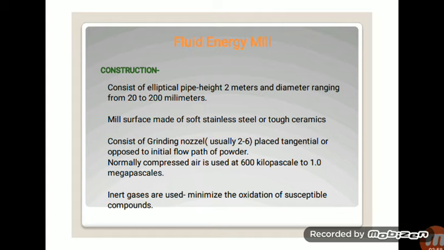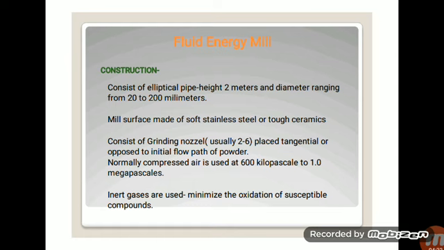Okay, the output of this slide is that it consists of an elliptical pipe having a height of 2 meters and a diameter of 20 to 200 millimeters. It is made up of stainless steel or tough ceramics. It consists of grinding nozzles, usually 2 to 6, placed tangentially, opposite to the initial flow path of the powder, and it consists of compressed air.